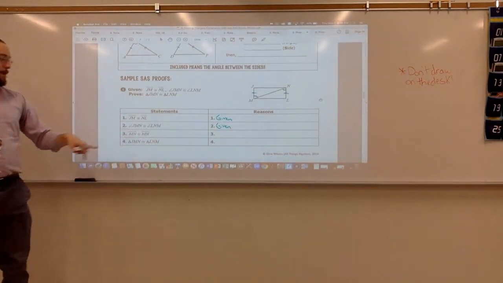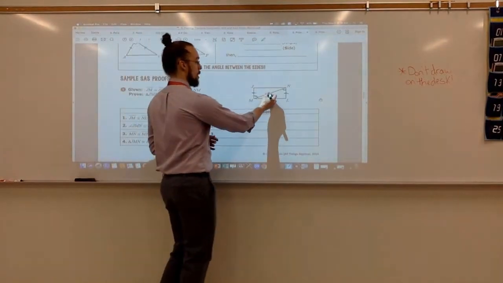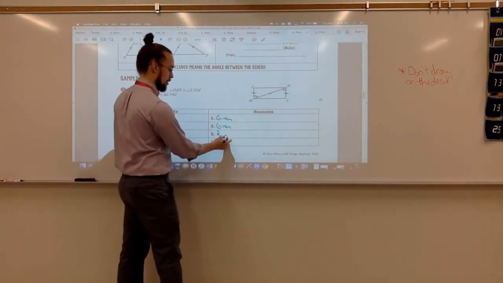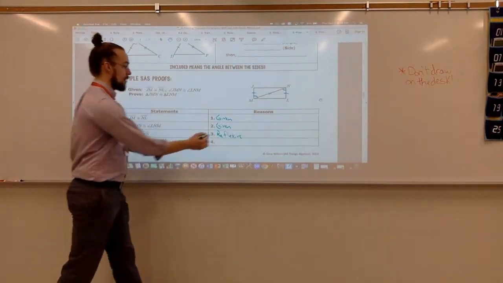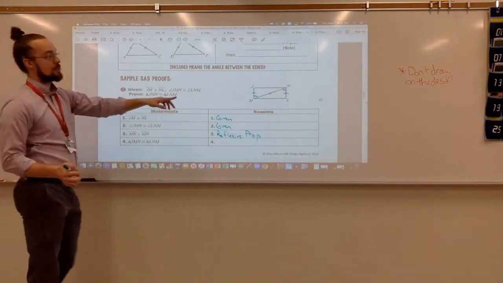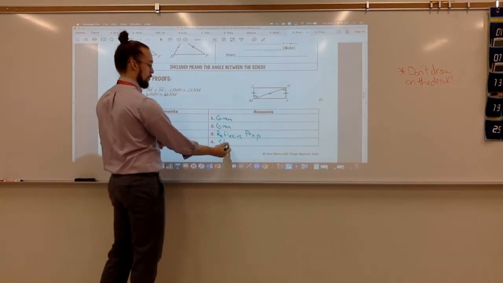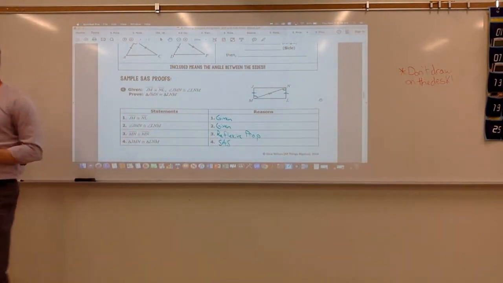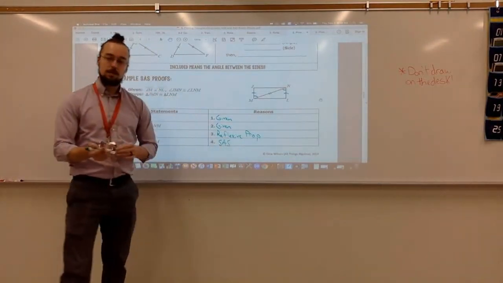Then they claim MN is congruent to MN. That's the reflexive property, because that's the same thing. So now I've got 2 pairs of sides, and the angle that is in between them. I claim these triangles are congruent by side angle side. Alright, you okay with that one?